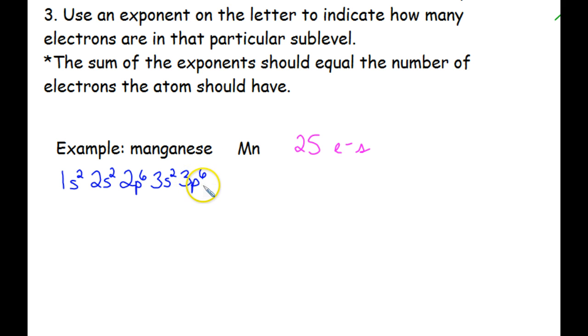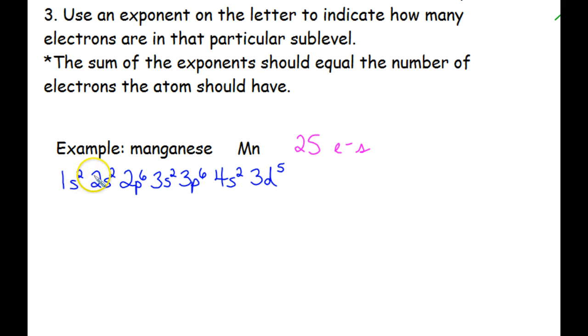After 3p comes 4s, 2 electrons, and then the next one is 3d. Now here's where it's not going to be full, because up to this point we've got 2, 4, 10, 12, 18, 20 electrons. We only need to represent 5 more, so we're going to put a 5.